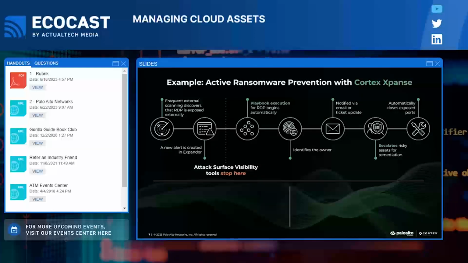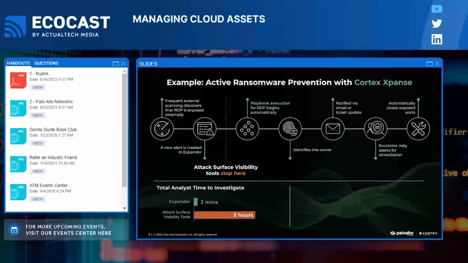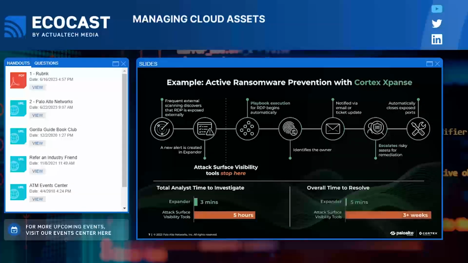So this gets you into a totally different zone of response time, where for something as simple as trying to remediate remote desktop protocol exposures in cloud environments, customers would normally have to go through a time-consuming process of identifying asset owners, reaching out to them, and then asking them to please remove the exposed service.